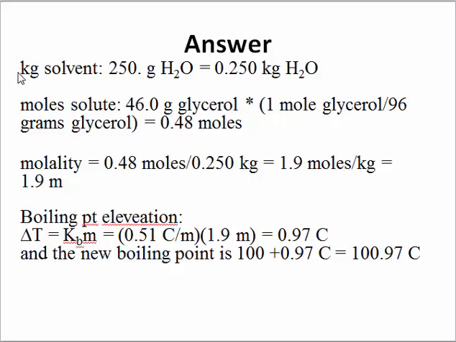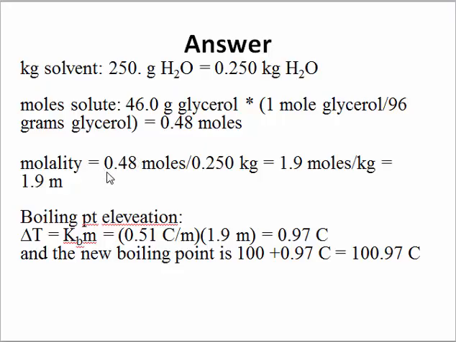We've learned the molality is moles solute per kilogram solvent, so it's necessary to convert the mass of the solvent to kilograms. Moles of solute is obtained by dividing the mass of the glycerol by the molar mass. We'll use two significant figures for our purposes here. There are 0.48 moles of glycerol, and the 96 grams per mole comes from the molar mass, which is obtained from the formula shown previously.